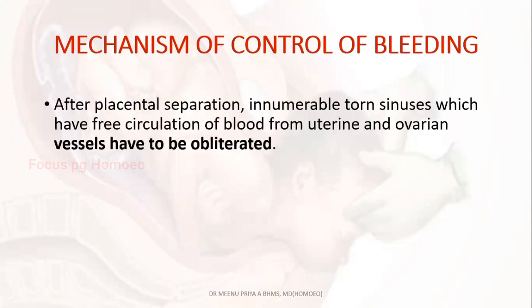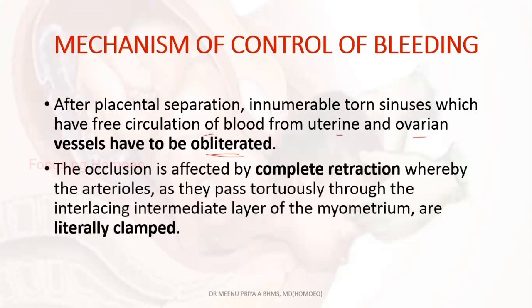After placental separation, innumerable torn sinuses, which have free circulation of blood from the uterine and ovarian vessels, have to be obliterated. The occlusion is effected by complete retraction, whereby the arterioles, as they pass tortuously through the interlacing intermediate layer of myometrium, are literally clamped.